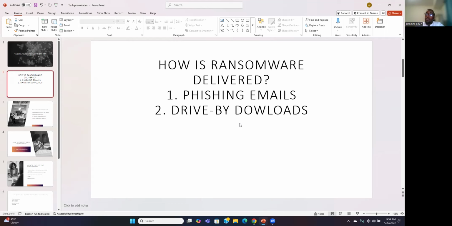So there are a few common ways they use, but one of the main ones is phishing emails. Phishing emails. What does that mean?